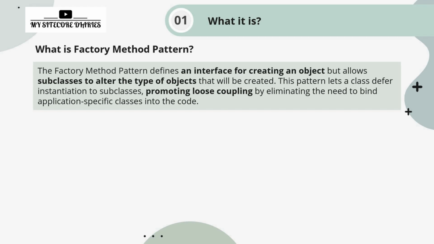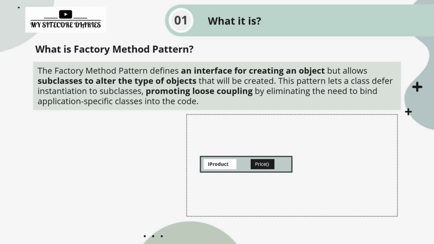This pattern lets a class defer instantiation to subclasses, promoting loose coupling by eliminating the need to bind application-specific classes into the code. So you do not have to bind the application-specific class. Instead, it promotes loose coupling. How it is done, we will see in the upcoming slides and the demo.